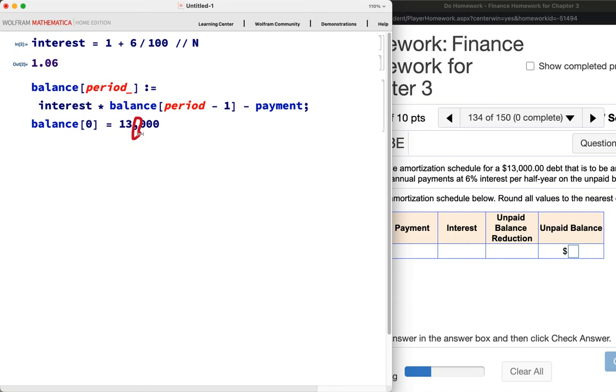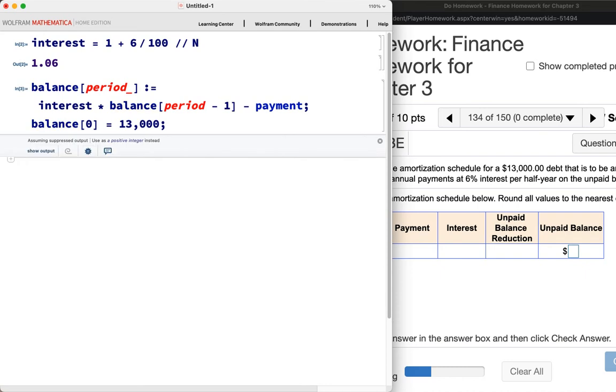Mathematica typed the comma for me. If you don't change the formatting of the software, you're probably just going to get a space instead of a comma, and that's okay. I don't have a problem with that. Okay, that's fine. So I should end that with a semicolon and shift enter.